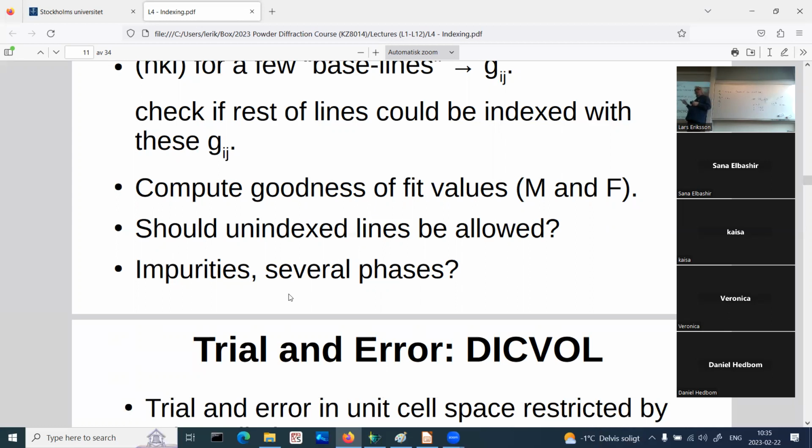But that requires, on the other hand, very, very high accuracy of the peak positions. You can get that from a fancy state-of-the-art synchrotron diffractometer, but hardly from an in-house machine. Even with the modern machines, there are still limits to the accuracy.